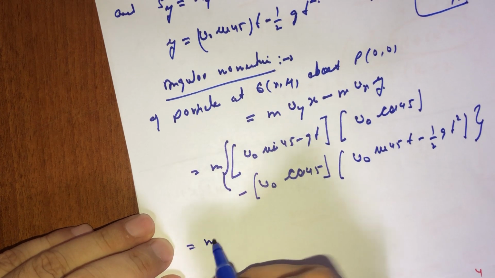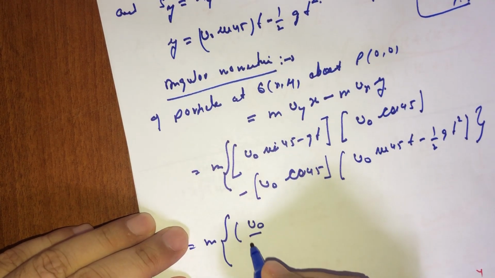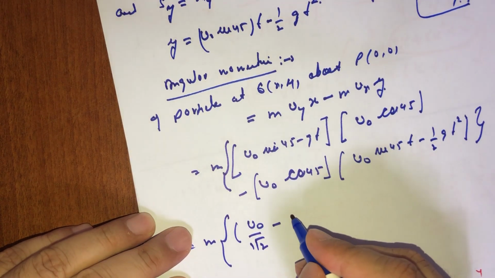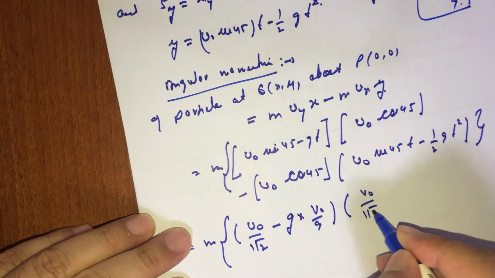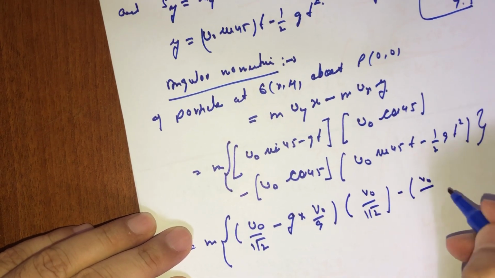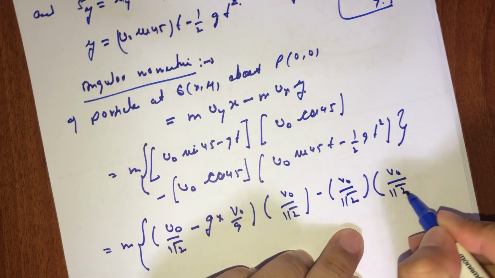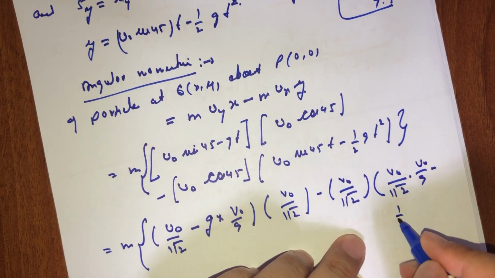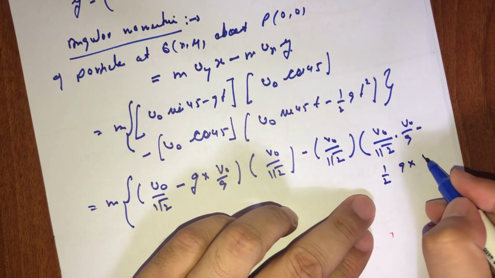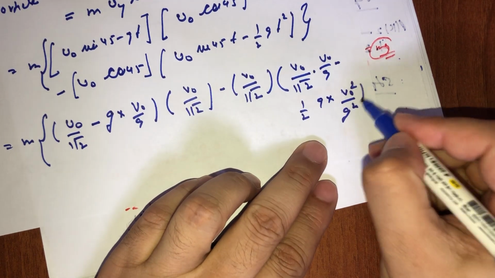So we will get m, v naught sine 45 is root 2, minus g into v naught by g, that is v naught by root 2 minus v naught by root 2, multiplied by v naught by root 2 multiplied by t, t is v naught by g, minus half g t square, that is v naught square upon g square, and bracket closes.